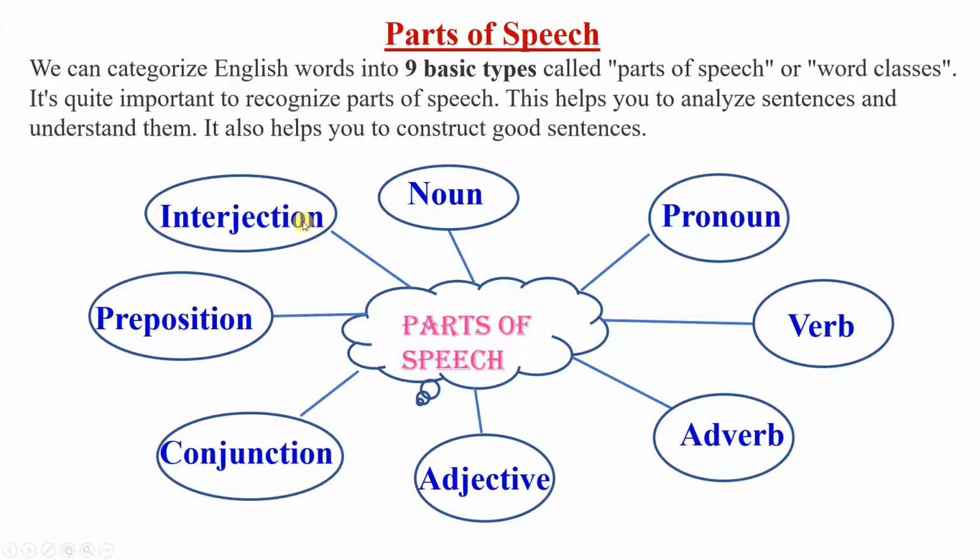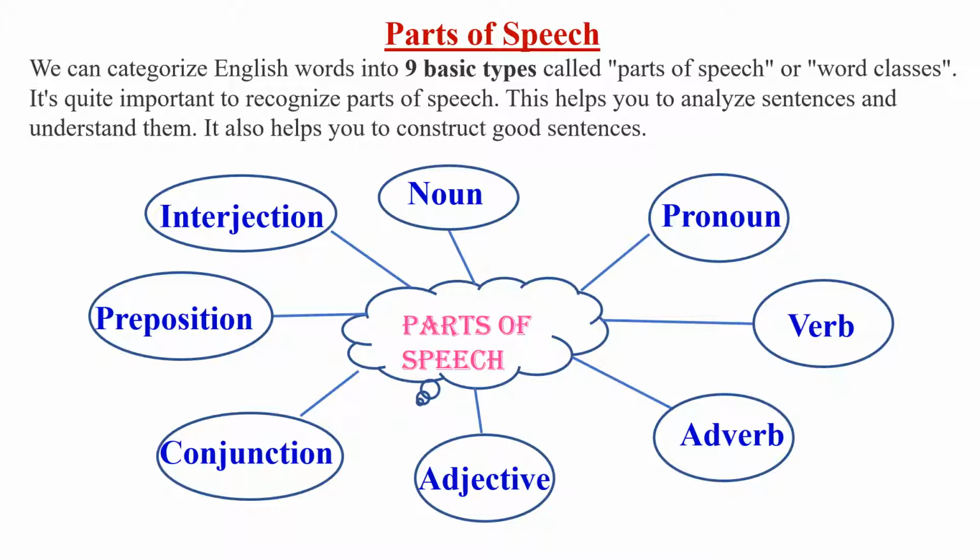Parts of speech. We can categorize English words into 9 basic types called parts of speech or word classes. It's quite important to recognize parts of speech because generally in grammar these type of questions are asked, like identify the noun, pronoun, or some changes are made, for which you should know these word classes.